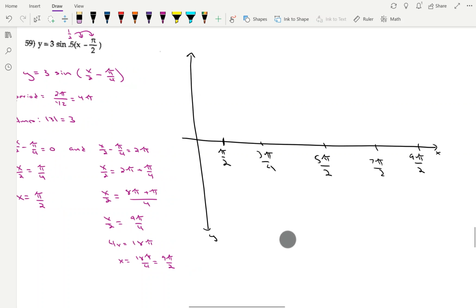And let's see, amplitude of 3. So we've got some good numbers here. We've got 0, we've got to go up 3, we've got to go down 3. So our midline is the x-axis. So maybe we'll give them a little bit of zing. All right, so we know that's the midline, and let's see how this bad boy goes. We're starting at pi over 2.